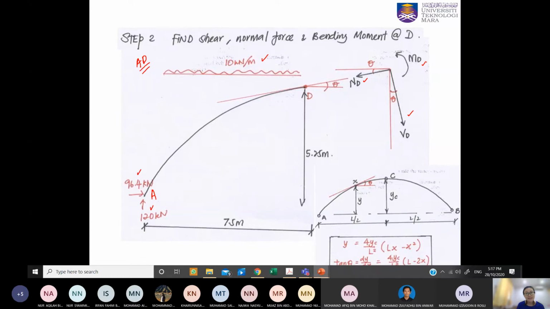We can start writing the horizontal component acting at D, and the vertical component. How to do that? It will be similar to the previous example.